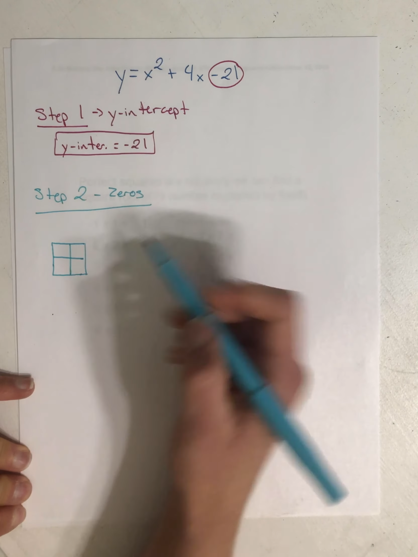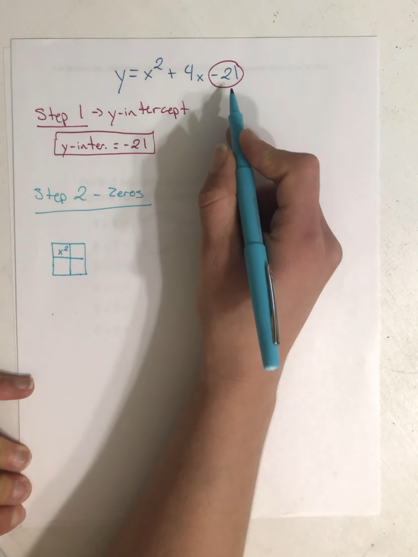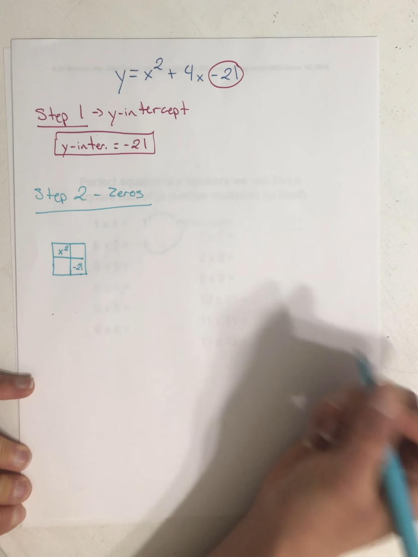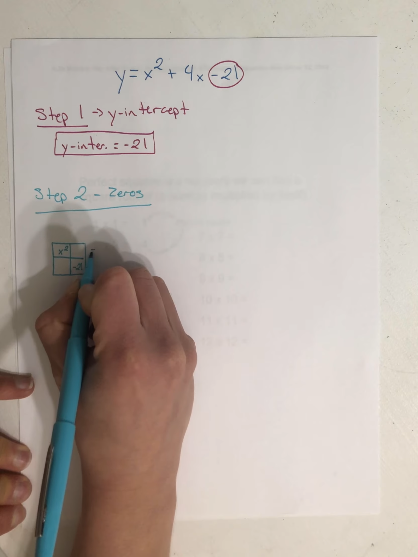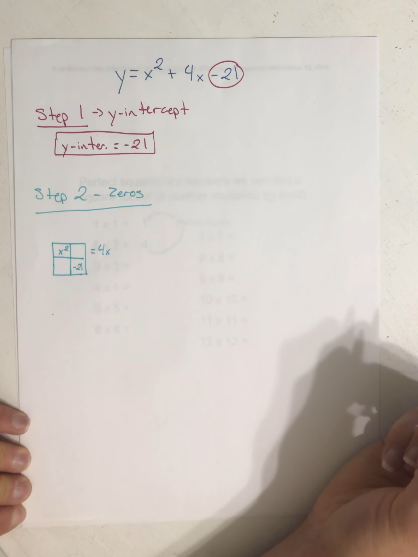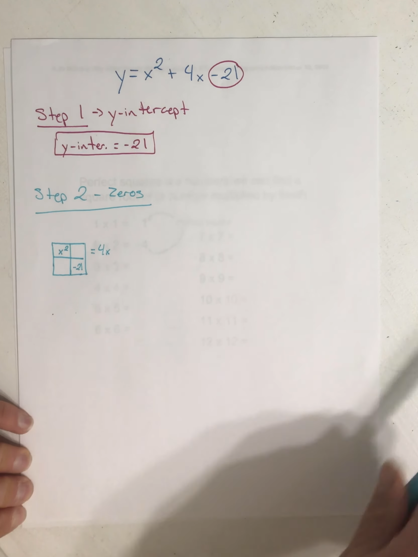We know that x squared goes in the top left. We know that -21 goes in the bottom. And then we know that these two equal 4x. Okay, so now we need to find what these two squares are.